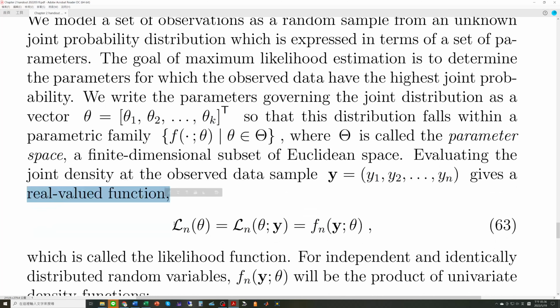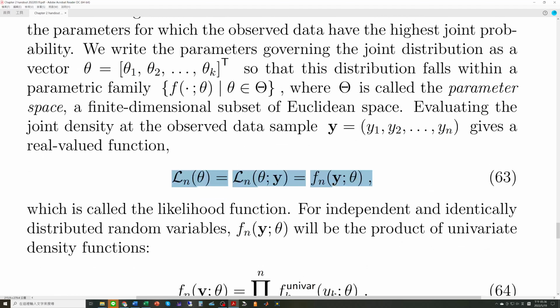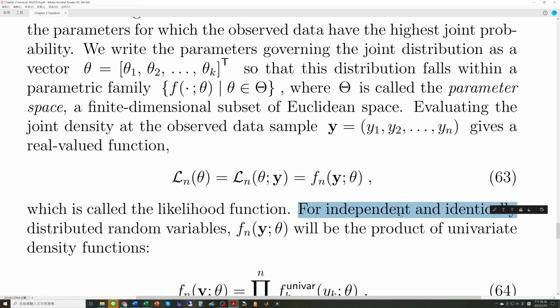Ln of theta is equal to Ln of theta given y, which is equal to fn of y given theta, which is called the likelihood function. For independent and identically distributed random variables, fn of y given theta will be the product of univariate density functions.